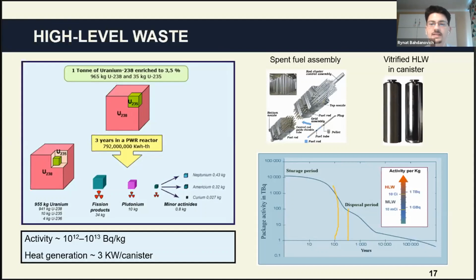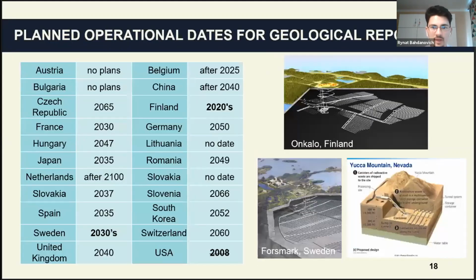High toxicity needs to be isolated for long time periods, and it is a potential burden for future generations. There are permanent repositories for all types of radioactive waste, except for high-level waste.